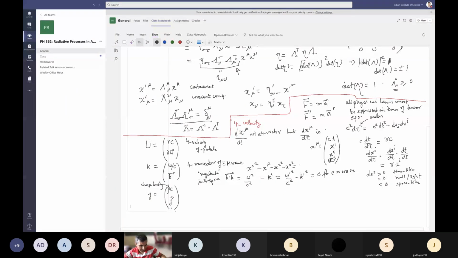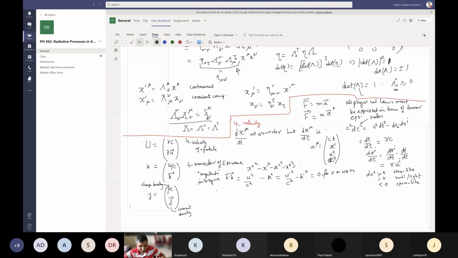So this is a 4 vector because it satisfies these properties in all reference frames.